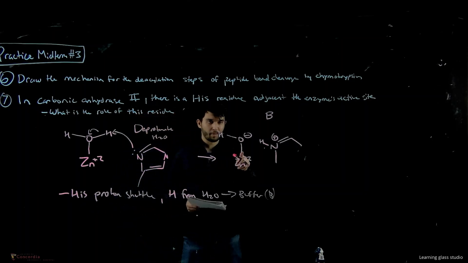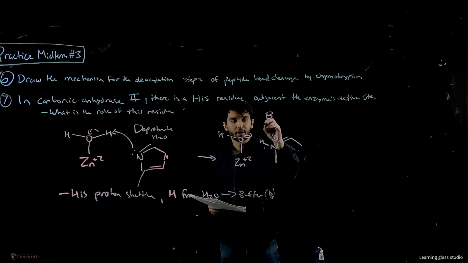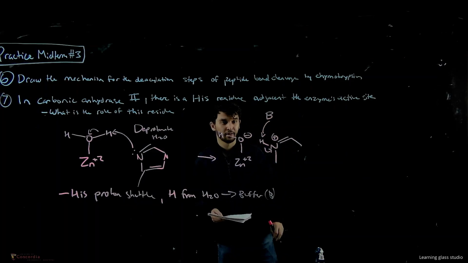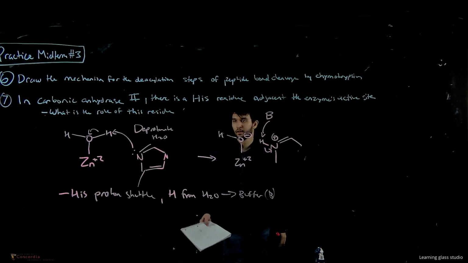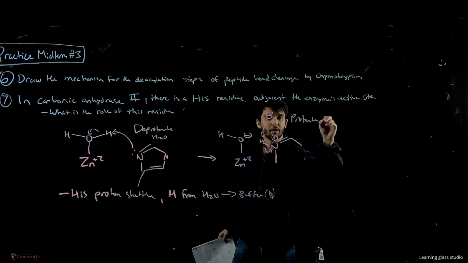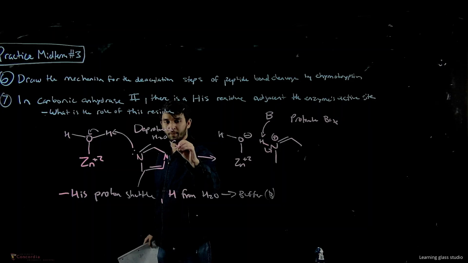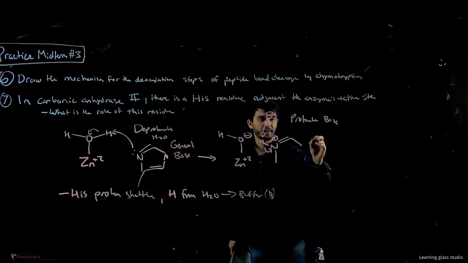And then the next part of the mechanism is that a buffer can come and pick up the hydrogen and give the electrons back to histidine. So essentially here, this is going to protonate the base. If it's deprotonating, this is acting as a general base. And then if it's protonating, this is acting as a general acid.